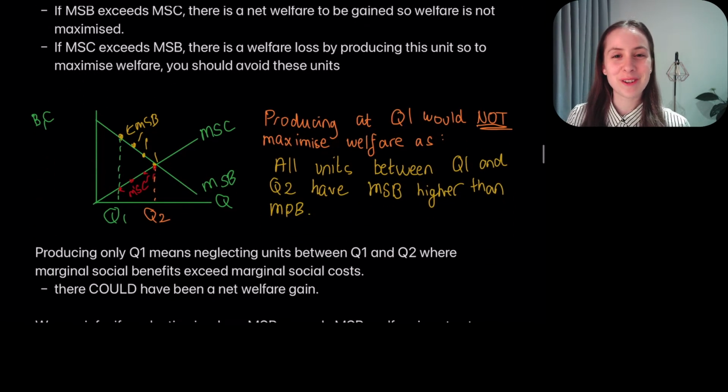Here is a graph. I only have the marginal social benefit curve drawn. The reason why I only have these is because I don't need them to see the impact to society. Remember, the impact to society was all about the benefits to society and the costs to society.